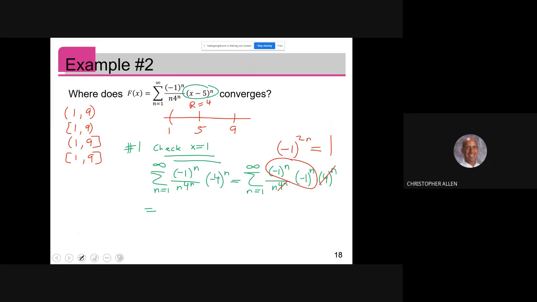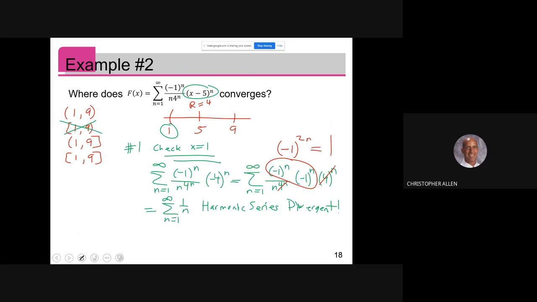In other words, this whole thing becomes the sum from n equals 1 to infinity of 1 over n. Guess what that is? That is our most famous series, the harmonic series, which is divergent. Harmonic series is divergent. That means that we cannot include 1.